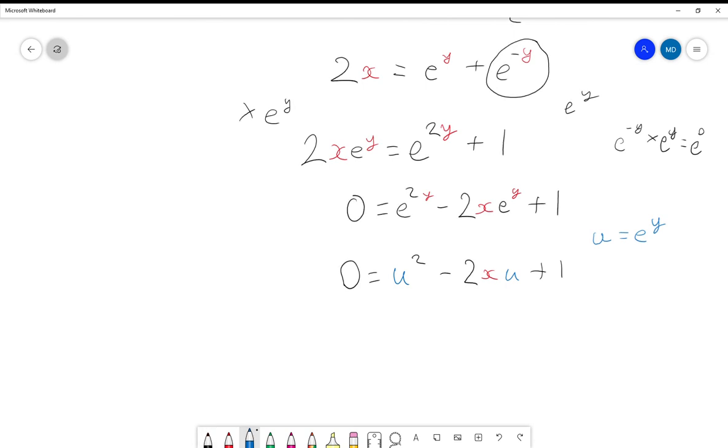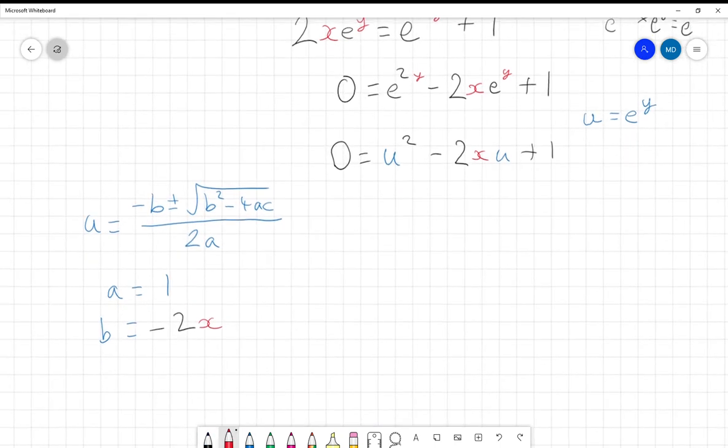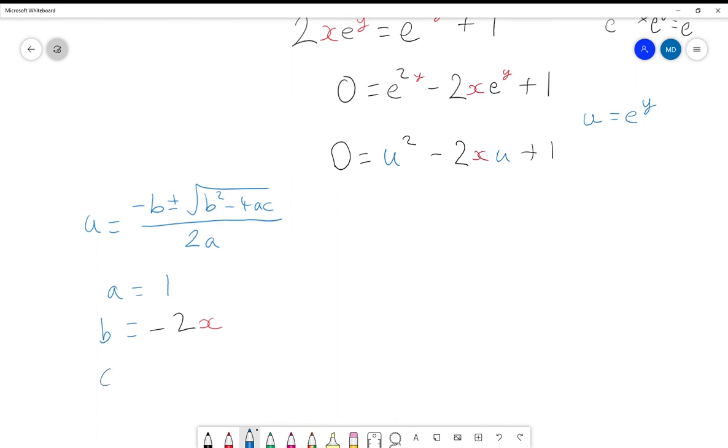And we can use our quadratic formula, where it gives us u will be equal to minus b plus or minus the square root of b squared minus 4ac all over 2a, just with a being equal to 1, because our u squared is just 1, b being equal to minus 2x, and c being equal to 1.